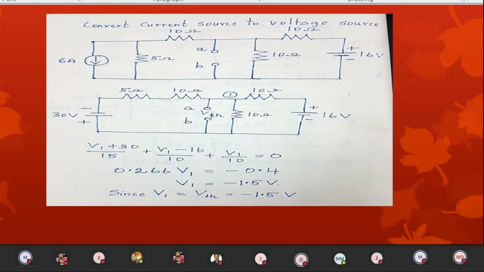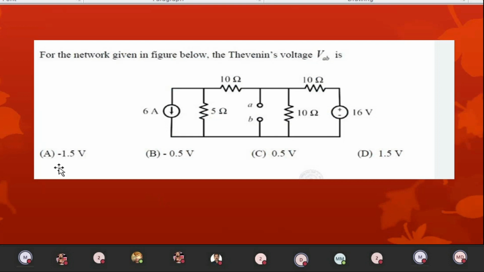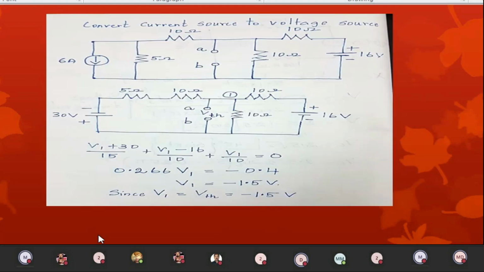So you can notice that here the steps are very simple and you can easily work out the problem. And be careful, in the question, they have given four choices: minus 1.5, minus 0.5, plus 1.5, plus 1.5. Okay. So the correct choice for this problem is minus 1.5 volts, right?